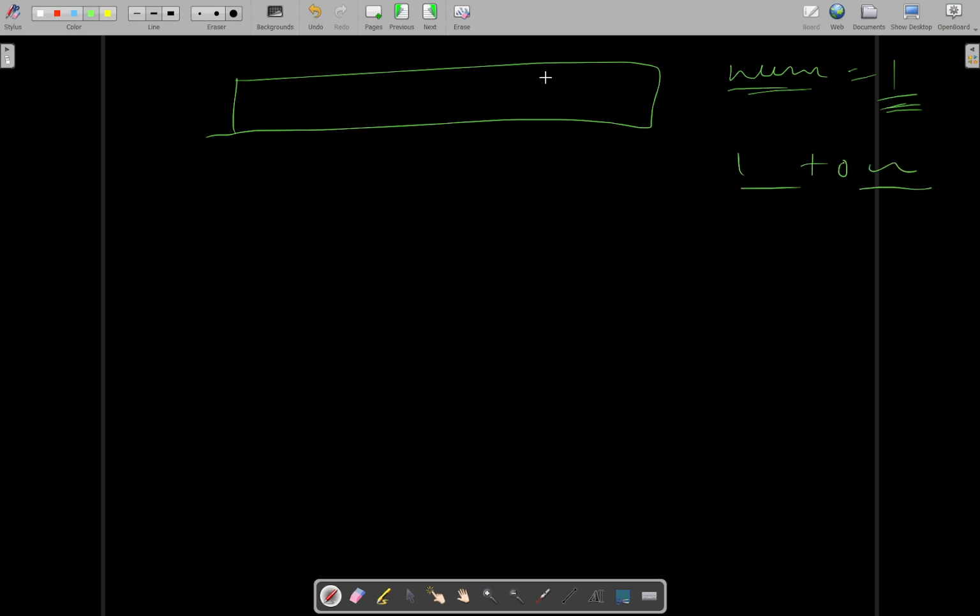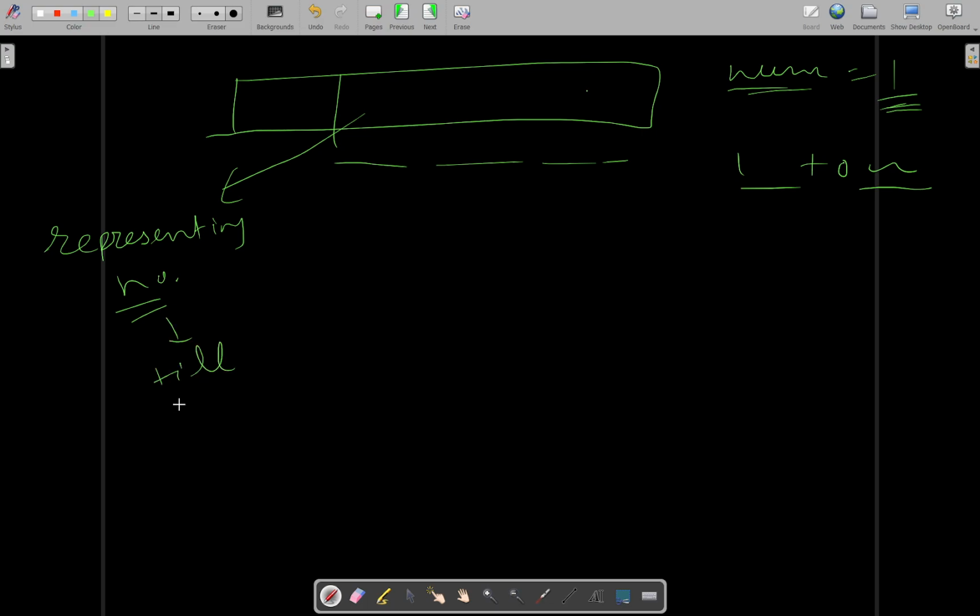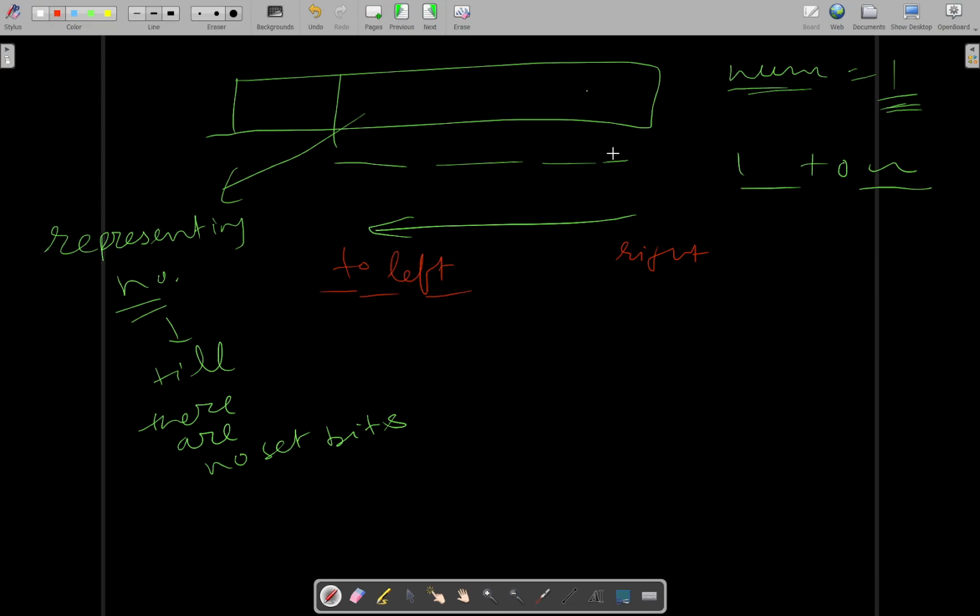Then you will keep on iterating over the bits of that representing number, till there are no set bits, from right to left, from the least significant bit to the most significant bit.